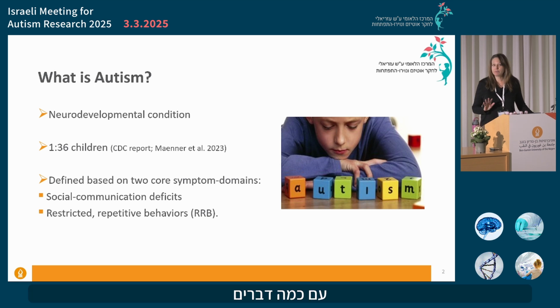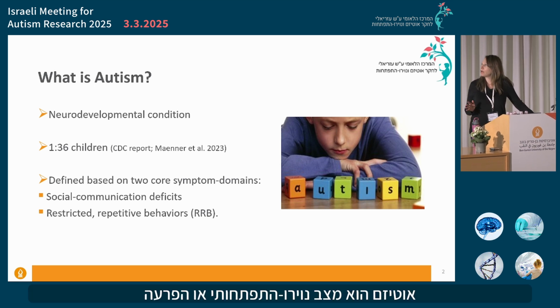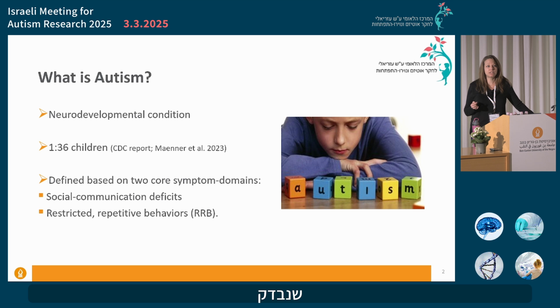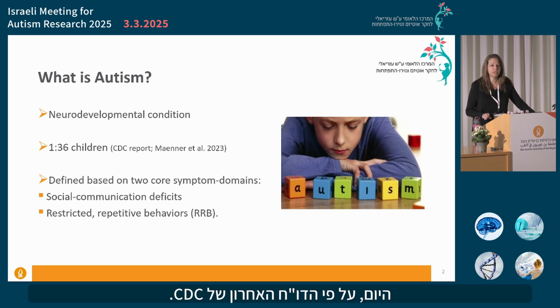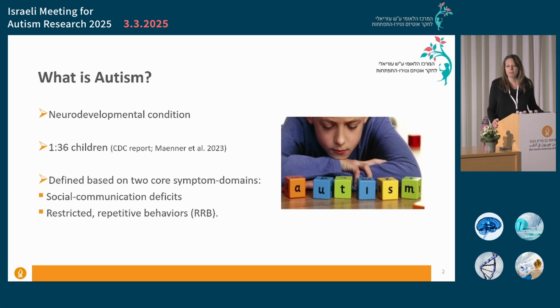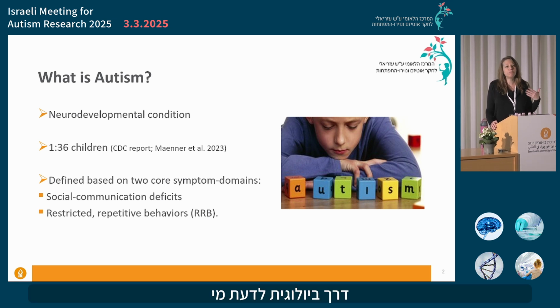So I'll start off with some things that I'm sure everyone knows. Autism is a neurodevelopmental condition or disorder that is assessed in 1 out of every 36 children in the United States today, according to the latest CDC report. And because we don't have any type of biological way to know who has autism, right?